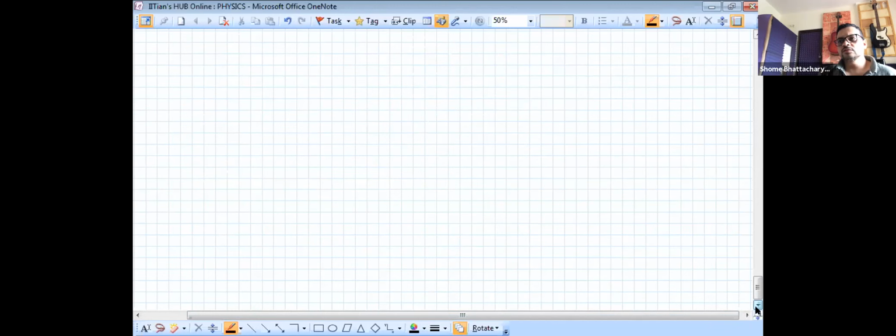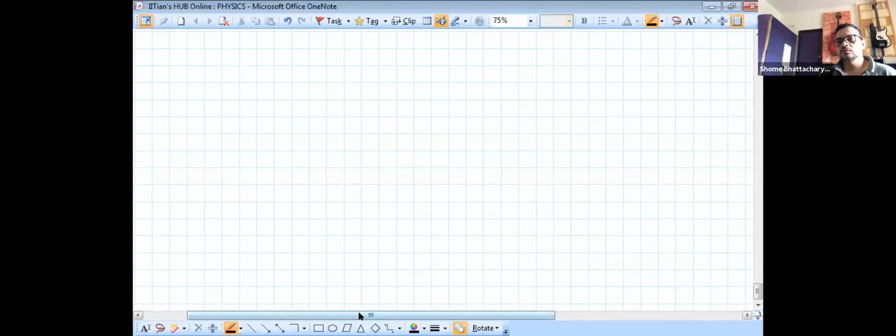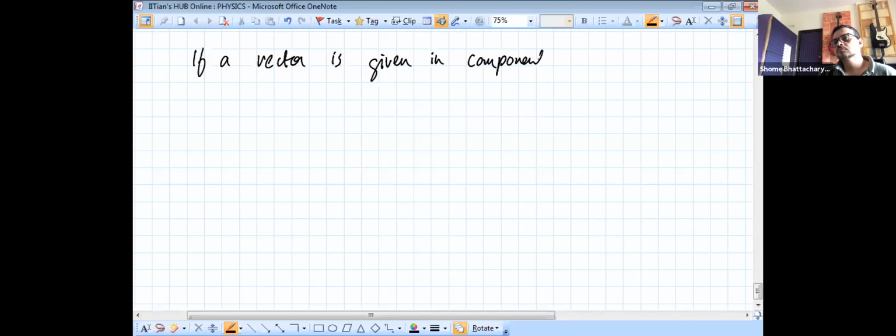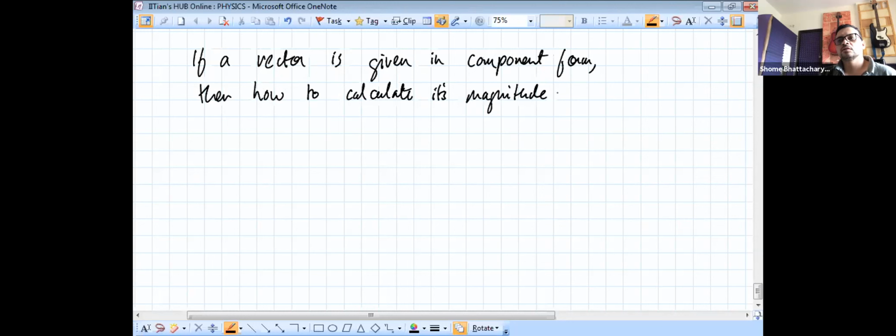Now next thing, moving on. If a vector is given in component form, then how to calculate its magnitude? So let's understand this.